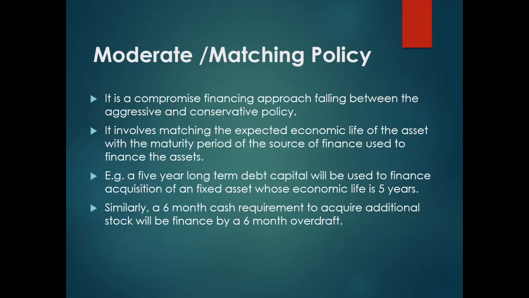The fluctuating or temporary current assets we finance using short-term finance sources. Which of course implies that the cost of financing is going to be in between those two. If you compare a company financed using the aggressive policy and one using the conservative policy, the company using the matching policy will be in between the financing costs of those two, using a mix of both short-term and long-term finance to finance its working capital needs.